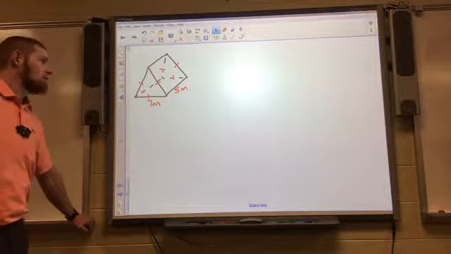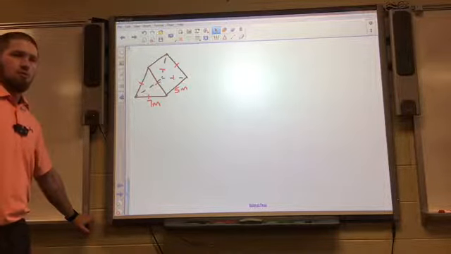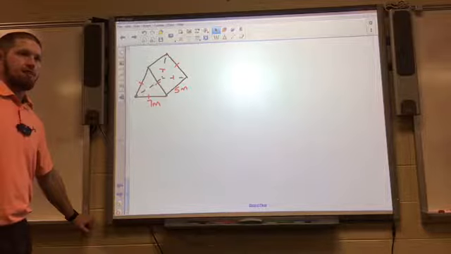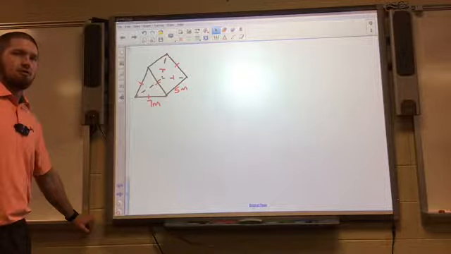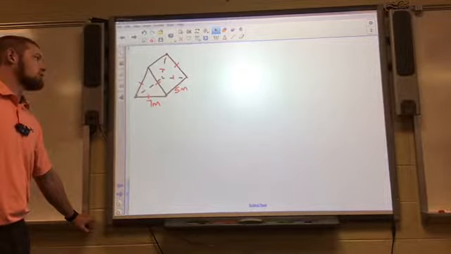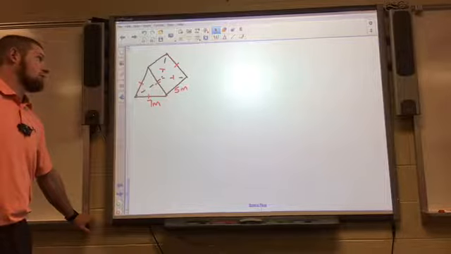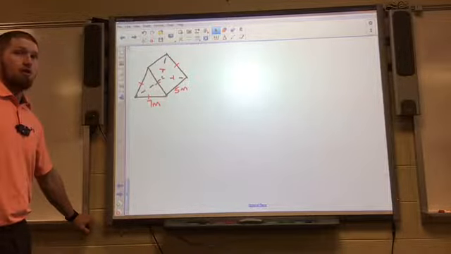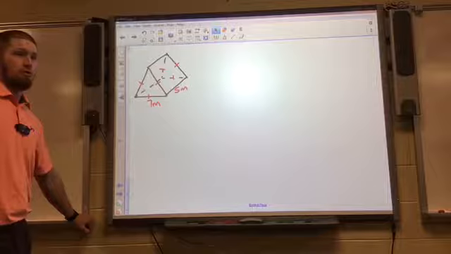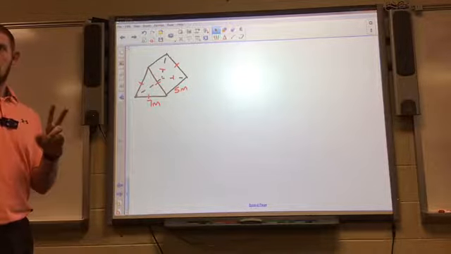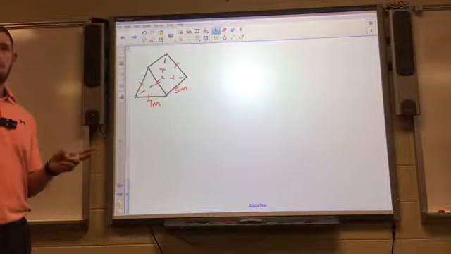You have to have two to make it a prism. You have to have two congruent sides. Are there two congruent rectangles? Well, yeah, but there's actually three, right? Okay, so we don't want to use that as the base. We want two. What is there two of?